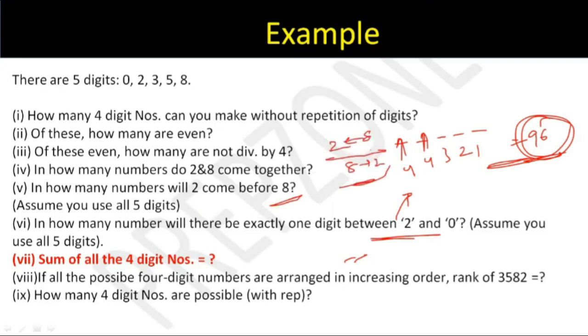These are the only possibilities you have. So if there are a total of 96 numbers, by symmetry, there is no constraint on 2, there is no constraint on 8. So either 2 will come before 8 or 2 will come after 8. In 50% of the cases, 2 will be before 8. In 50% of the cases, 2 will be after 8. So the answer to this question should be 96 by 2 equals 48.